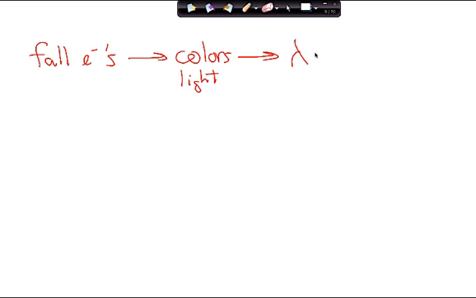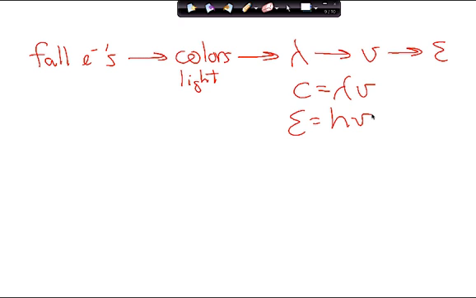These wavelengths can then be converted into frequencies, and these frequencies can then be converted into energies. And if you don't remember the equations, we've got c equals lambda nu, and E equals h nu. So guys, this is the logical progression of thought that we are going to leverage today.